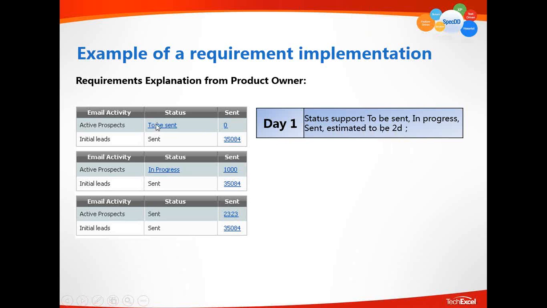It just makes sure the status for any activity can properly change from to be sent to in progress to sent. As a product owner, you would think this requirement is simple enough. There's no need to design other details of the requirement other than just creating pictures showing the status at different stages.